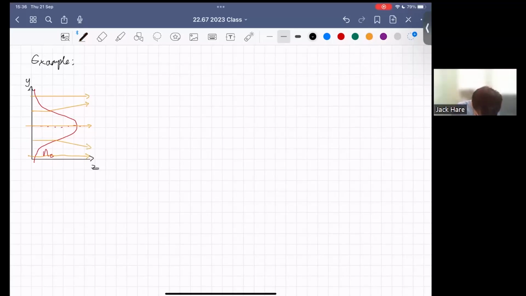And if we place our lens, as we did before, some distance away, it's going to focus those rays onto our focal plane. And in our focal plane, we're going to put some sort of stop here. So the undeflected rays are just going to go straight through the focal point.